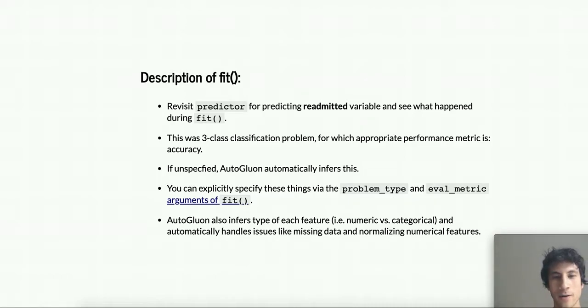AutoGluon also infers the type of each feature in addition to the type of prediction problem, basically whether it's a numeric column or a categorical column of discrete values, and it'll also automatically handle things like data processing, dealing with missing values, and normalization of numerical values if needed.